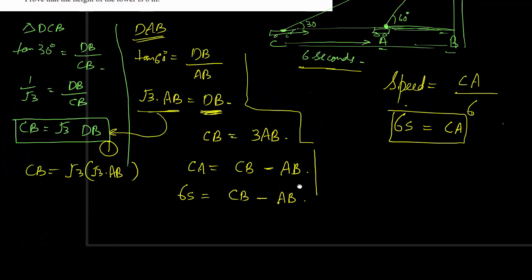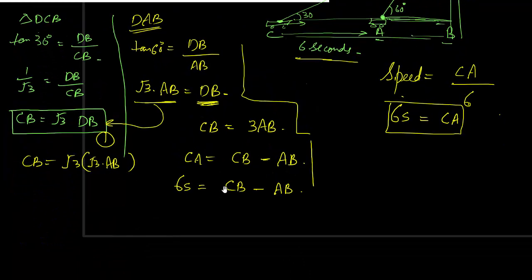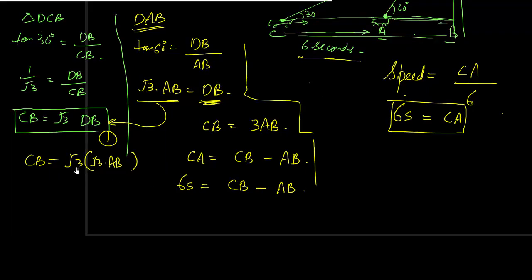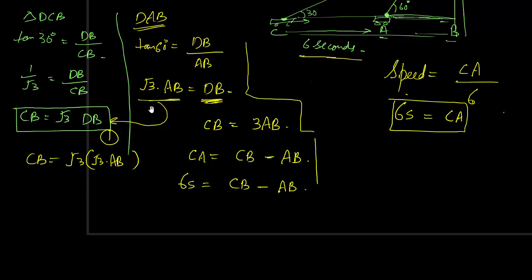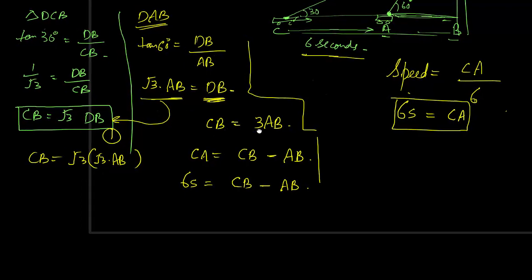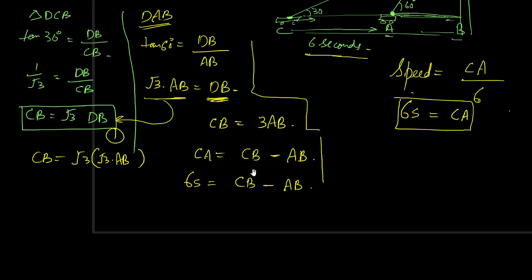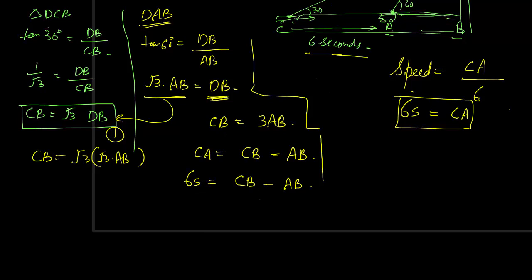So we are given here CB minus AB is equal to 6S, but as we already calculated, CB is 3 times AB. So we can plug in the value of CB as 3 times AB here. So 6S is equal to 3 times AB minus AB.